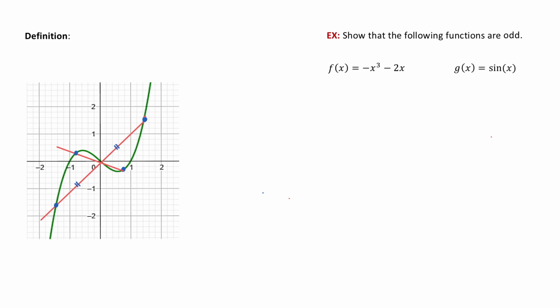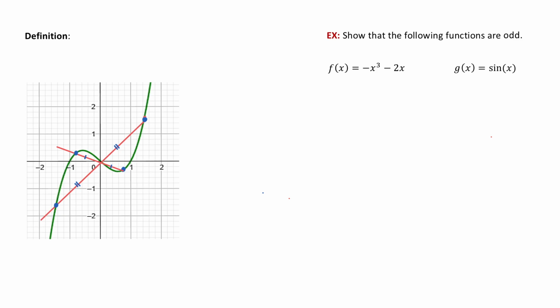So perfectly again, the point is reflected about the origin by passing through the line that goes through the origin, and see now how, in a symmetric way, it lands on the other side of the graph. So odd functions must behave like this all the time.